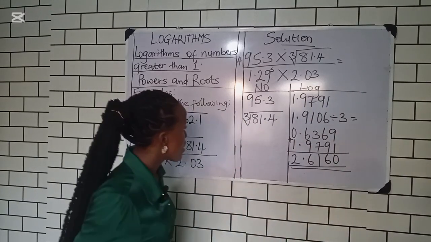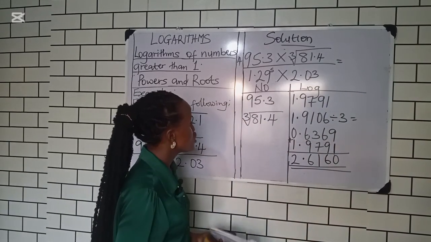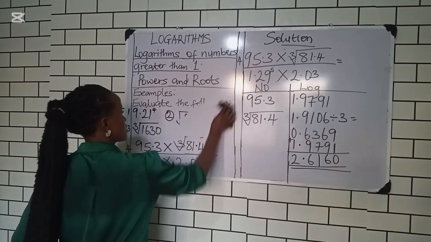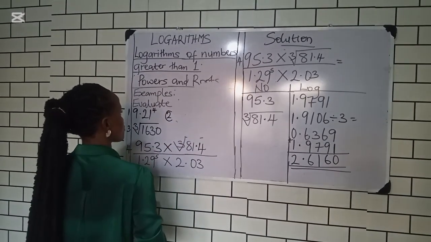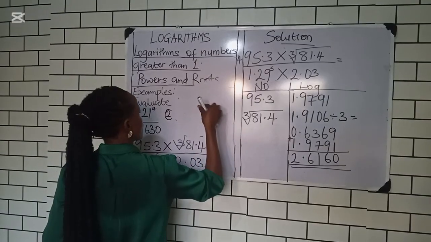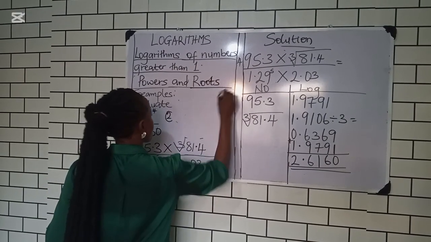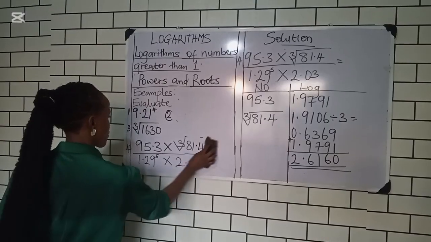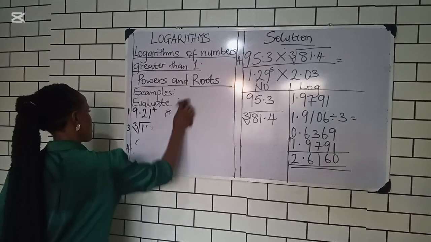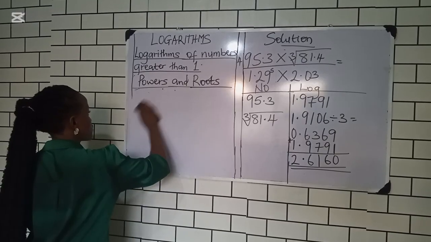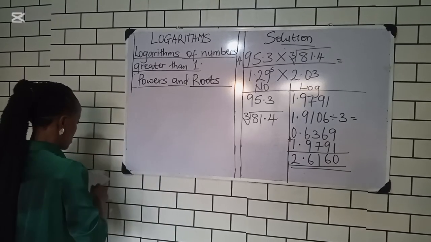The second one, for the denominator part, let me use this side since this is our last question. This side is the continuation of number 4.